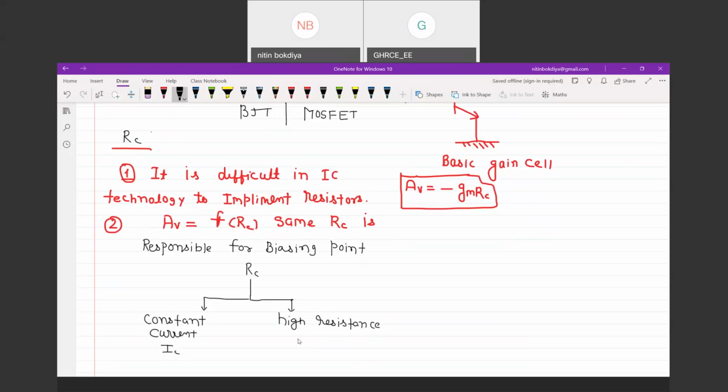We want a constant DC current to stabilize the biasing point, and the second requirement is for the small signal gain.